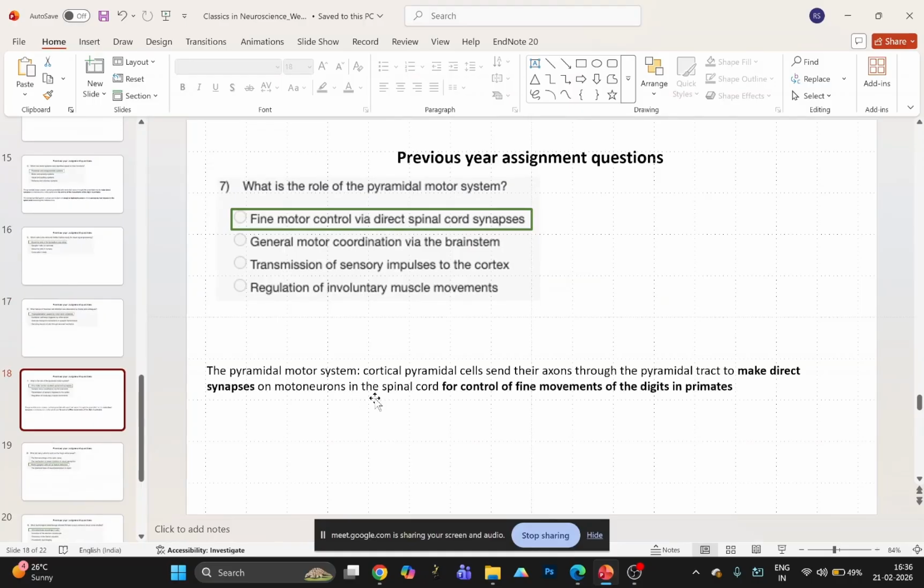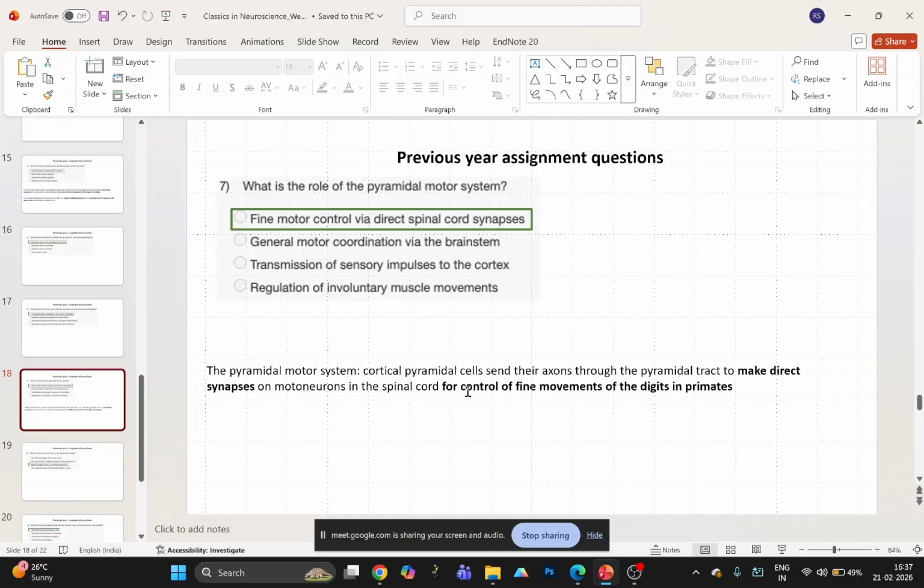Next question. What is the role of the pyramidal motor system? The role of the pyramidal motor system is basically fine motor control via direct spinal cord synapses. Whenever you need any fine control, because we do not really appreciate the extent to which we use our hands for, say, playing the piano, playing musical instruments, holding different things, typing, and so on.